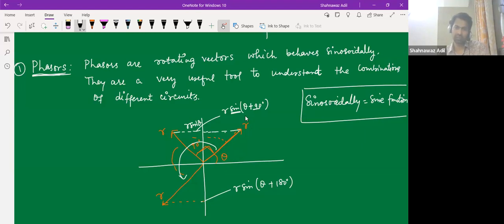So all these are sine, sine, sine. With the help of phasors, we can calculate the instantaneous EMF, and we can also see the phase difference between the two vectors.